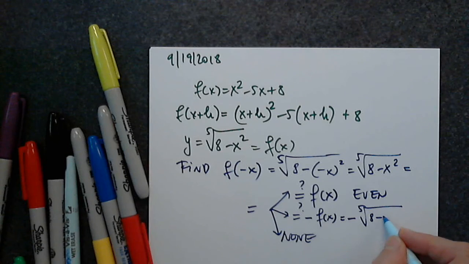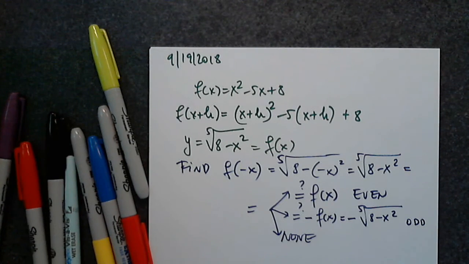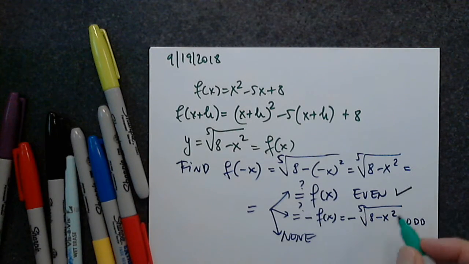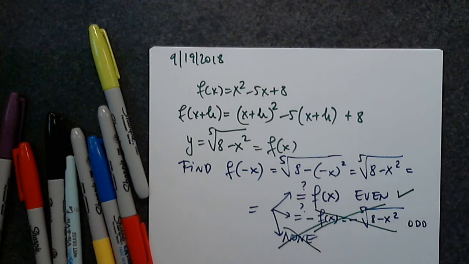The 5th root of 8 minus x squared. If you say yes, then the function is odd. If none of the above happens, then the function is not symmetric. So, there is only one yes answer. Is it the first, is it the second, or the third? Right. So the function is even and we are done. The other 2 make no sense.